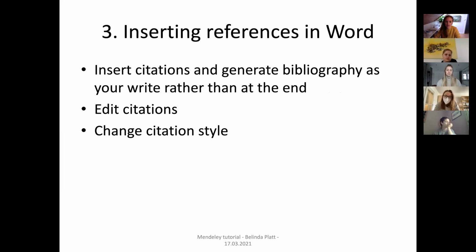Here are a couple of tips when it comes to your Word document. When you open up a new Word document to start writing a report, I would always recommend adding the citations in right from the beginning.